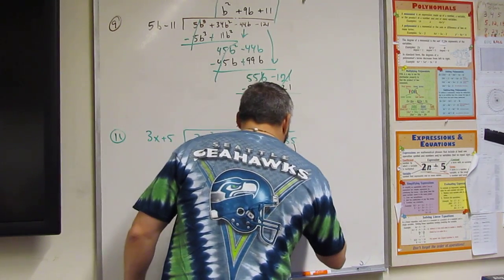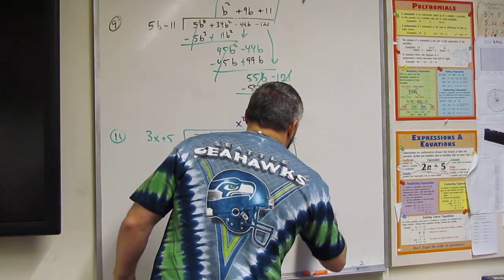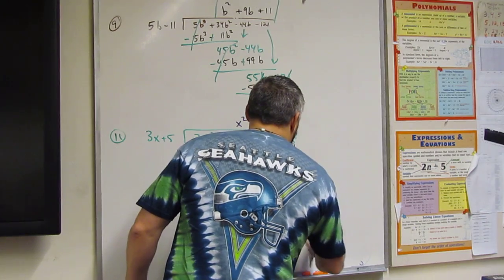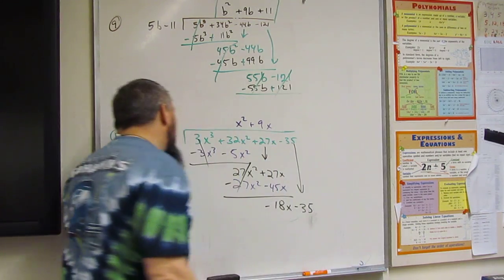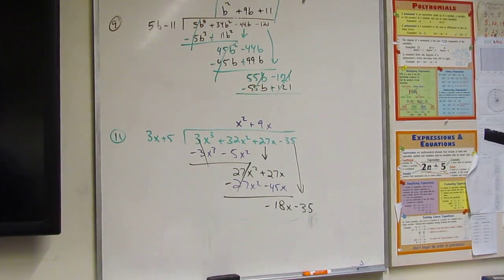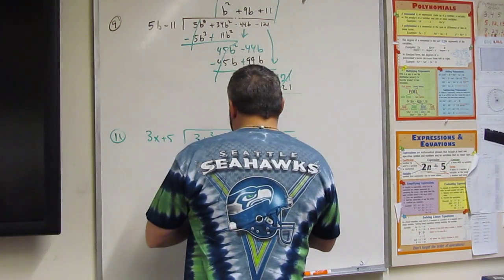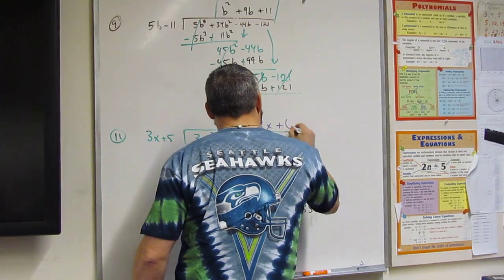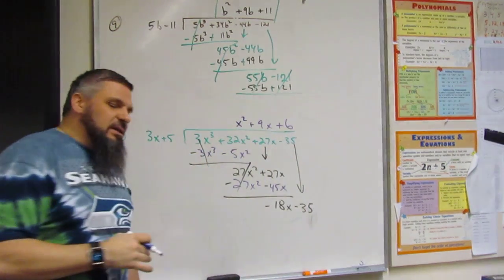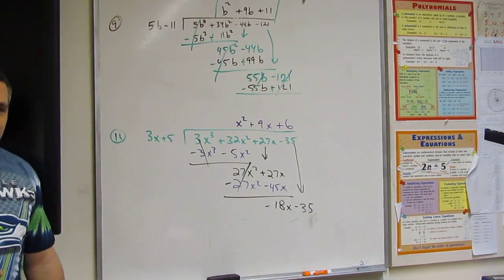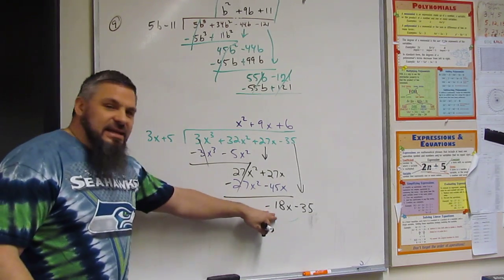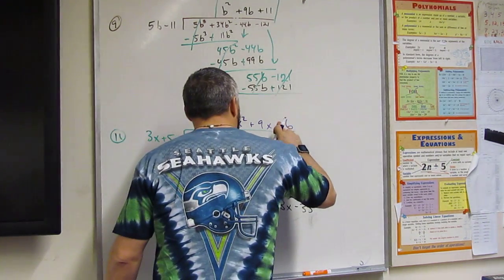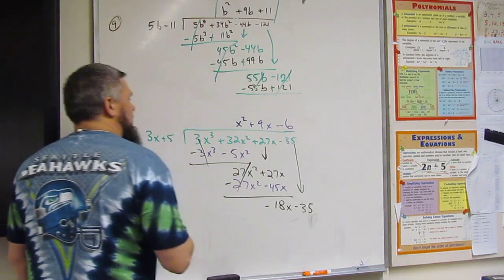And what's a beautiful thought is that 3 goes into 18 6 times. So, plus 6, right? But is it plus 6? No, because it's a minus 18. So it's a minus 6.